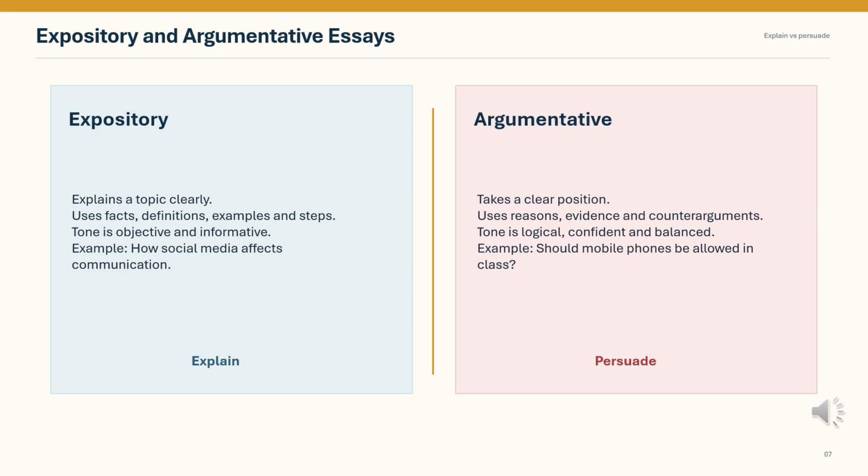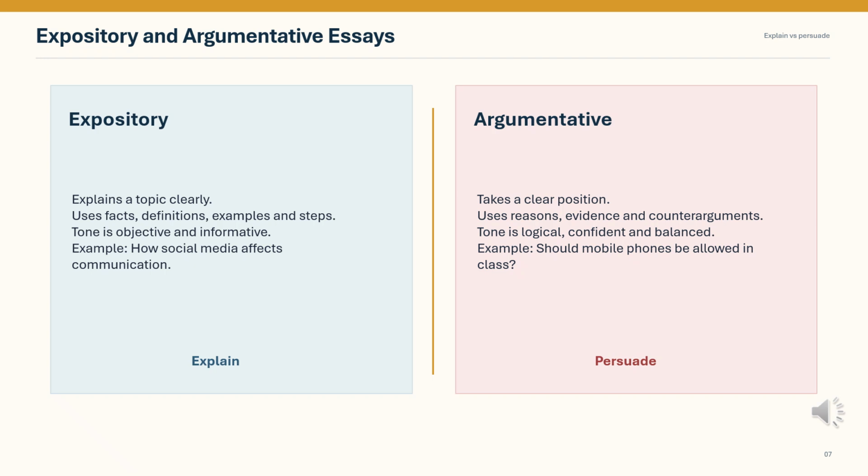Now, here comes the confusing part. Students often confuse expository and argumentative essays. So let us understand the difference clearly. Now, an expository essay explains a topic. It gives facts, it gives definitions, uses examples, also tells us the causes, the effects, or steps.